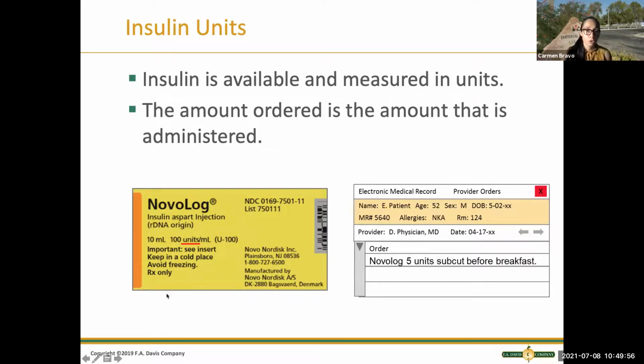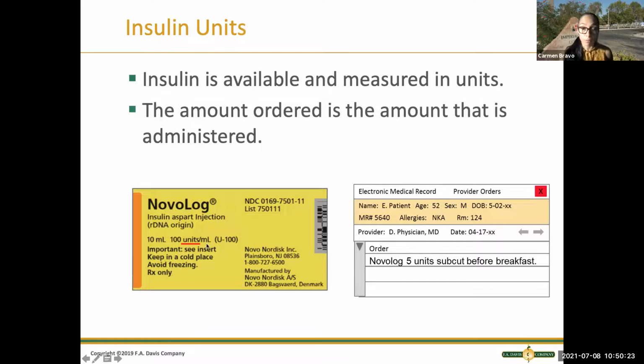Okay. So if the doctor says to give 5 units sub-Q before breakfast, this is 5 units of Novolog, and you're going to see Novolog. Normally the insulin comes in a vial, and the vial has 10 mLs. The dosage strength is 100 units per mL.